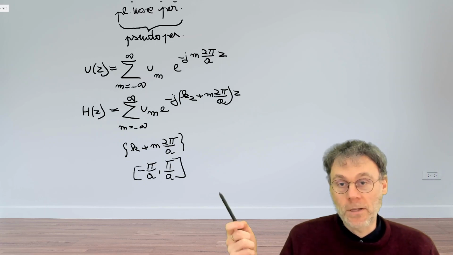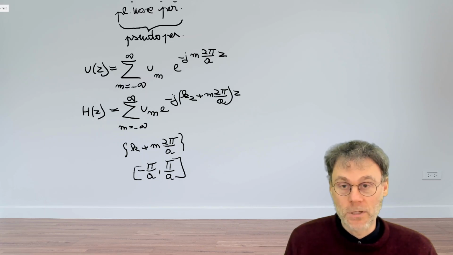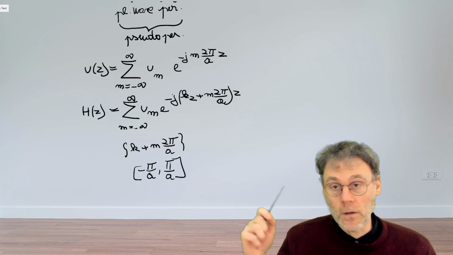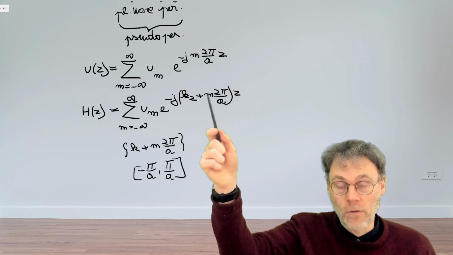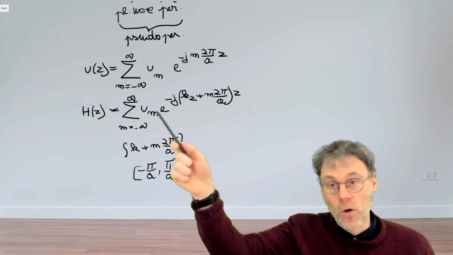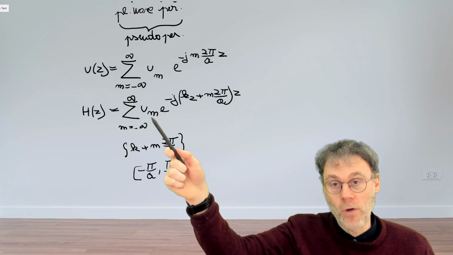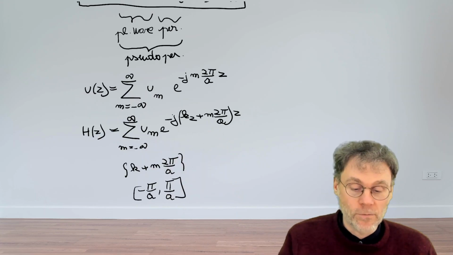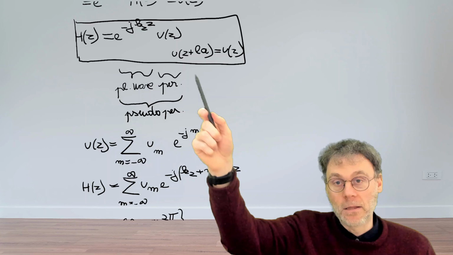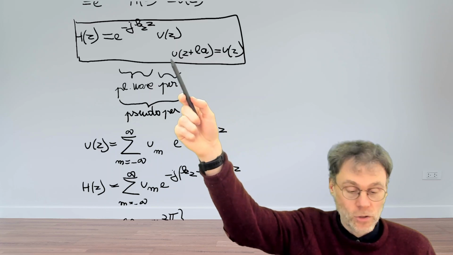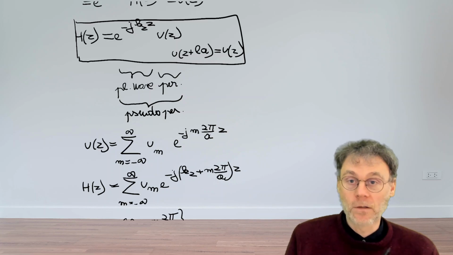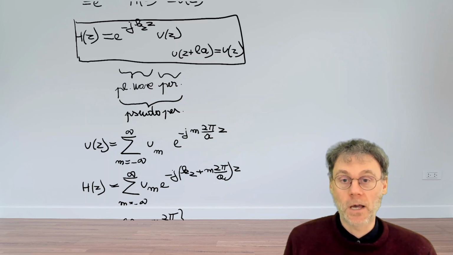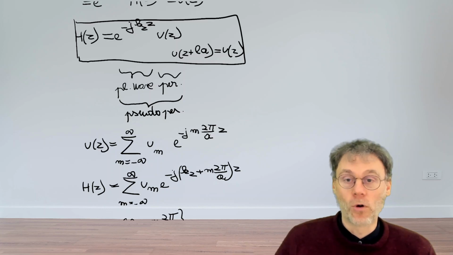So it doesn't really matter which k vector you pick to represent the Bloch mode. Of course, each of these infinite numbers of plane waves has its own different expansion coefficient u m, but that's basically the information that's also contained in this modulating function u of z. Okay, so here we have it, the second form of Bloch's theorem, which hopefully gives us a little bit more insight into what exactly these Bloch modes are.